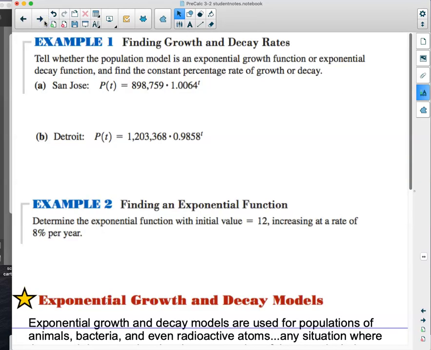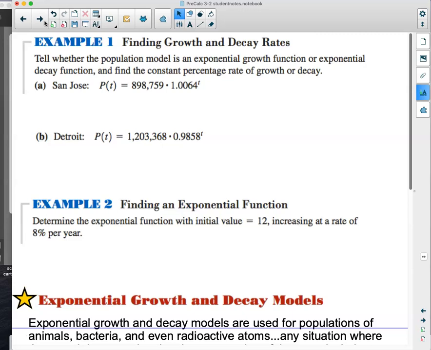So now we're jumping right in, sticking with that objective of we've got some applications modeling real life situations, and we want to use these. So example 1 says finding growth and decay rates. Tell whether the population model is an exponential growth function or exponential decay function, and find the constant percentage rate of growth or decay.